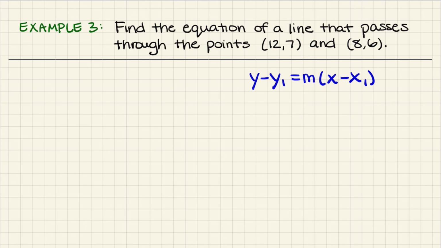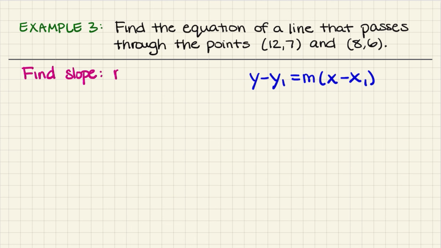But there's one step we have to do first. Because we are not given the slope in our problem, we need to find the slope. So our first step is going to be to find the slope.